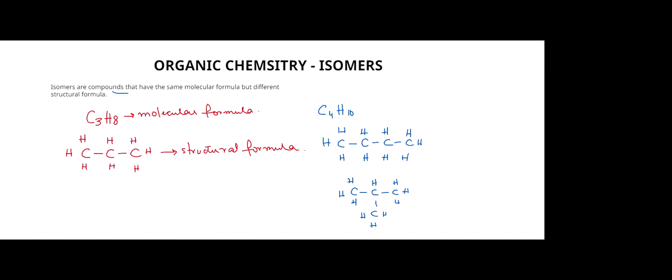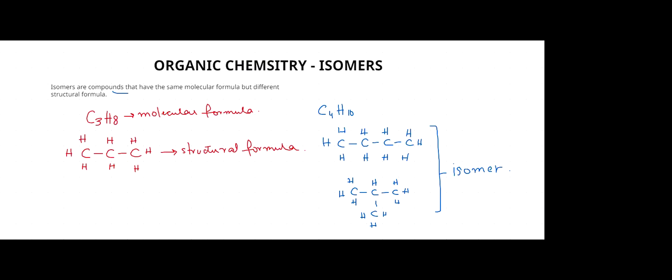Both of them have 10 hydrogens. But if you look, the structure has now changed. So both of these molecules are isomers of each other. That's what an isomer means: they have the same molecular formula, but a different structural formula.